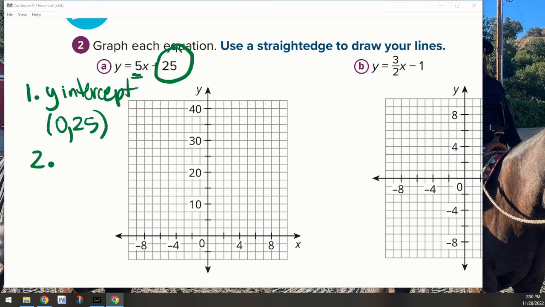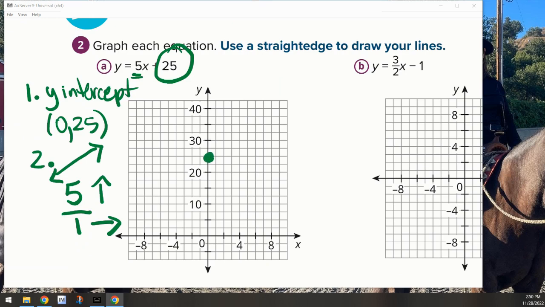Is it positive or negative? It's positive, so that means my line must go this direction, and it's the number 5. Now, I would tell you to write that as a fraction, so that's 5 over 1. So we're going to go up 5 and to the right 1. We're going to come up here to 25, which is right here.